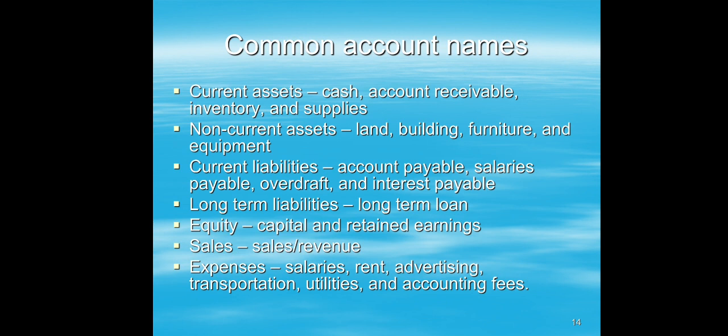Salaries payable is the second example. You have one worker, but you still have not paid the worker yet. So the amount that you owe to the worker has to be recorded in the account of salaries payable.